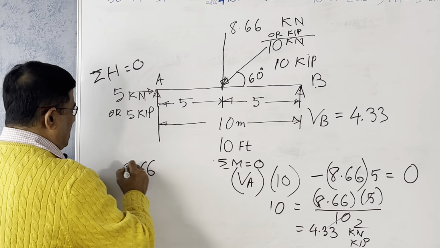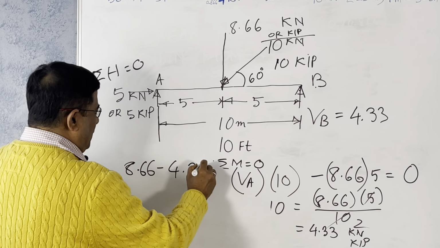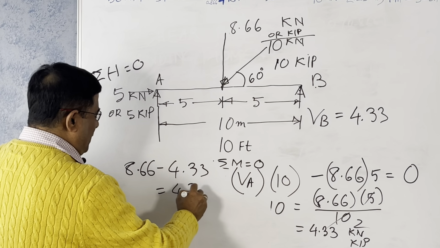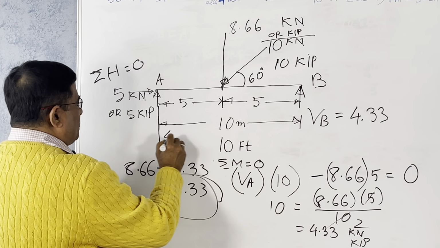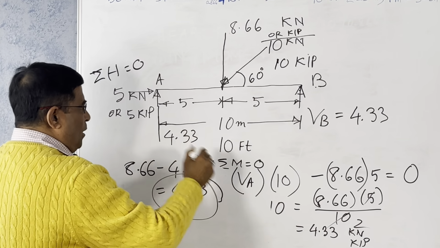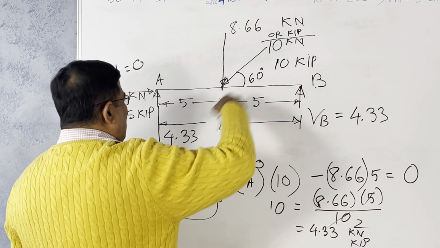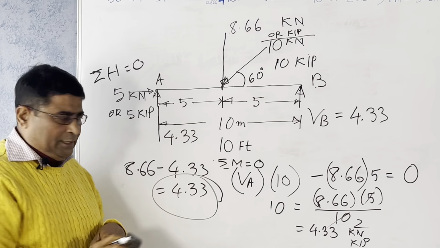Instead of complicated, make 4.33 equal to 4.33. Don't make it complicated. So this force is 4.33, this is also 4.33. Upward, this is upward because the load is downward. This is how it is.